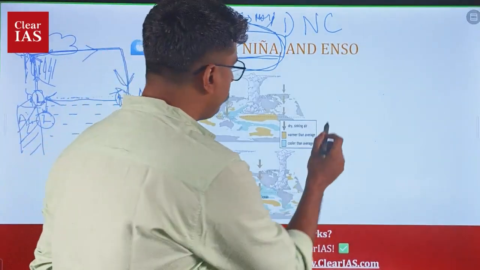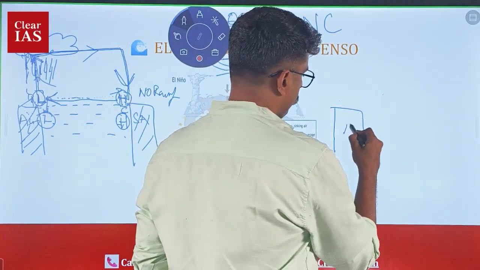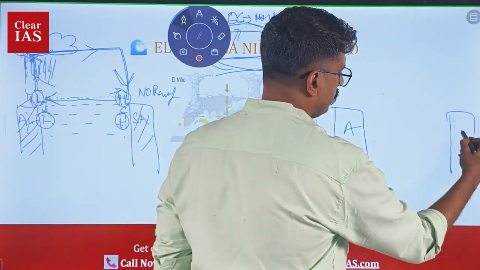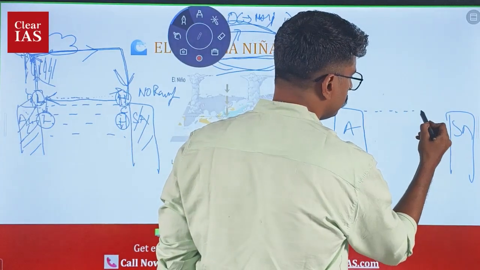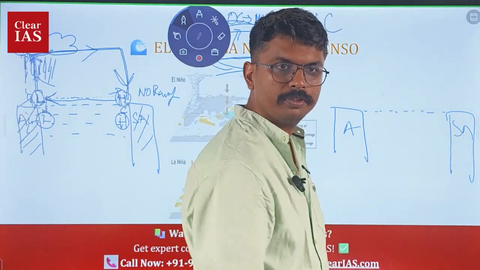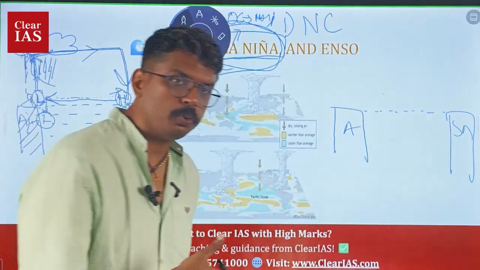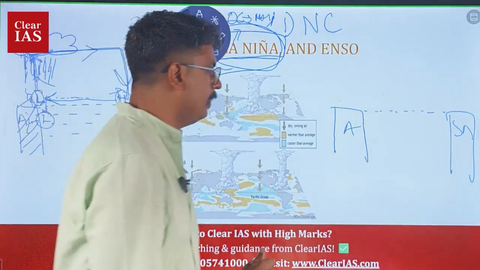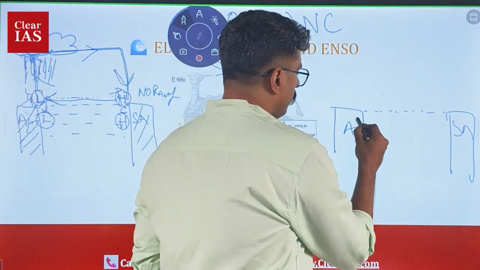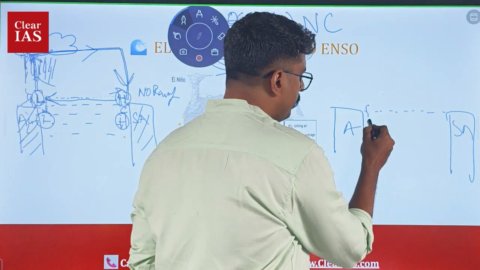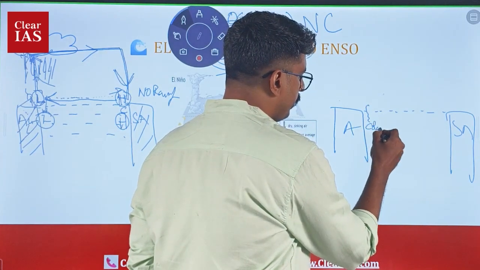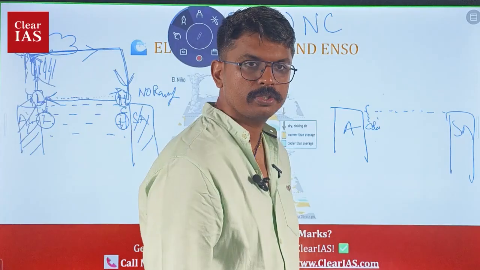Now the same conditions. Australia, South America, the ocean water. Now, due to climate change and due to unknown circumstances, sometimes the warm current is replaced by a cold current on the East Australian coast.